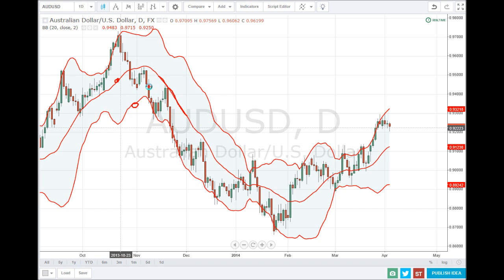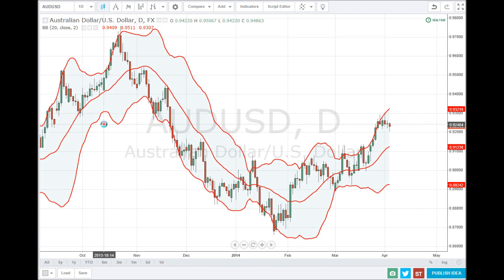The reason being, when price downtrends, it usually stays in between these bands, and you'll notice each time price comes up to this middle band, price goes for another push on the downside. So we have an engulfing candle that comes off this middle band. That's our signal to go short, and price falls on the downside.